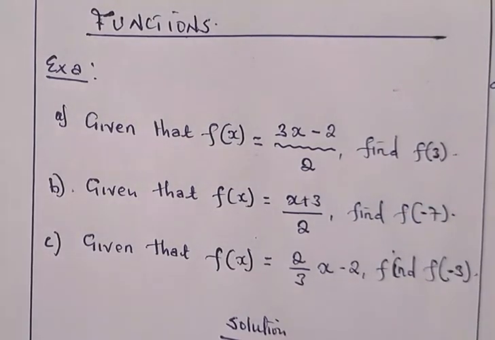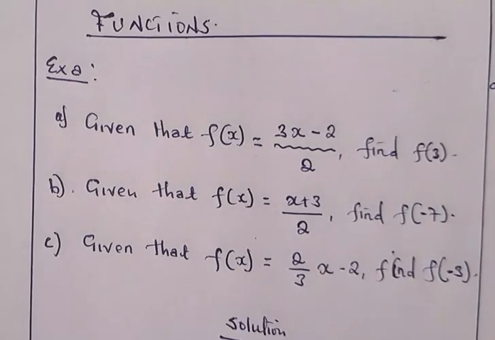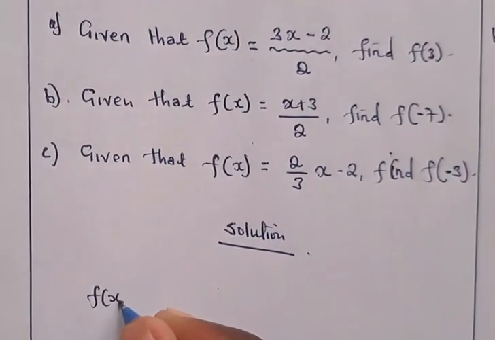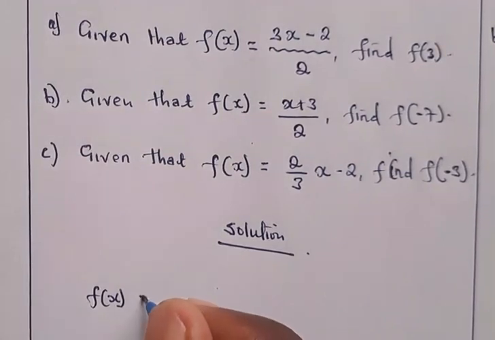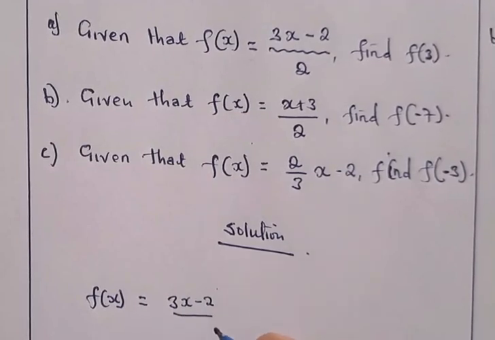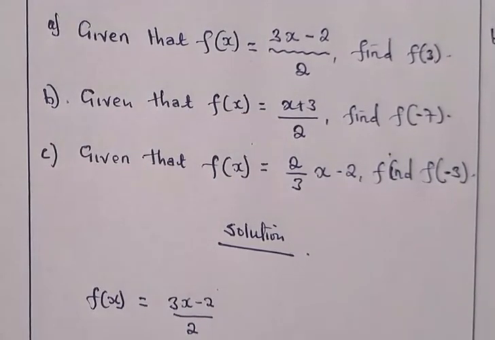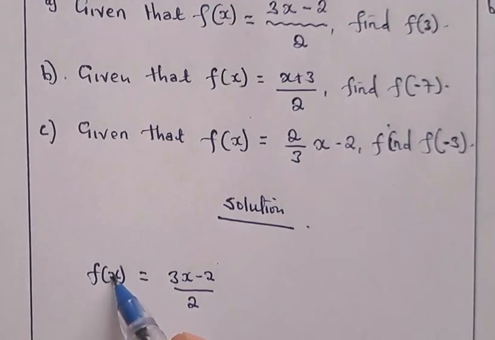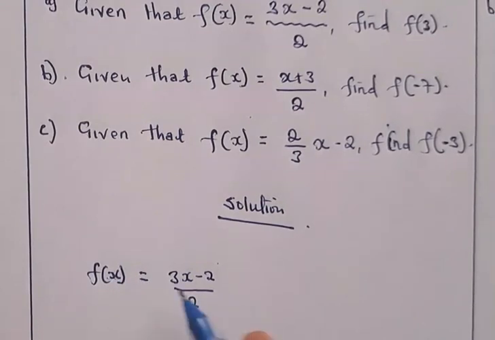Now I want to explain something here. Remember they've said given that f of x, that is function of x, is equal to 3x minus 2 over 2. What have you noticed here? If you look at f of x, in brackets they've put x.